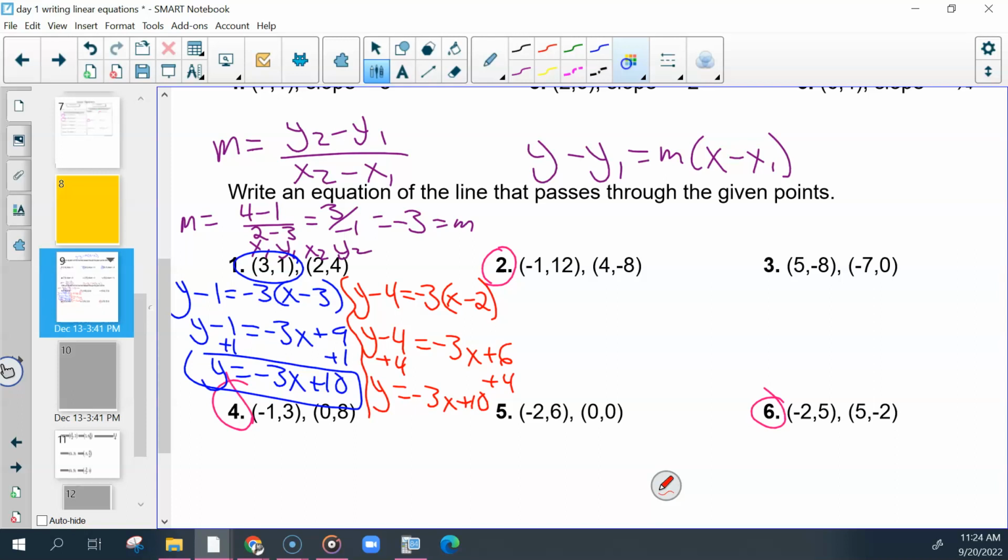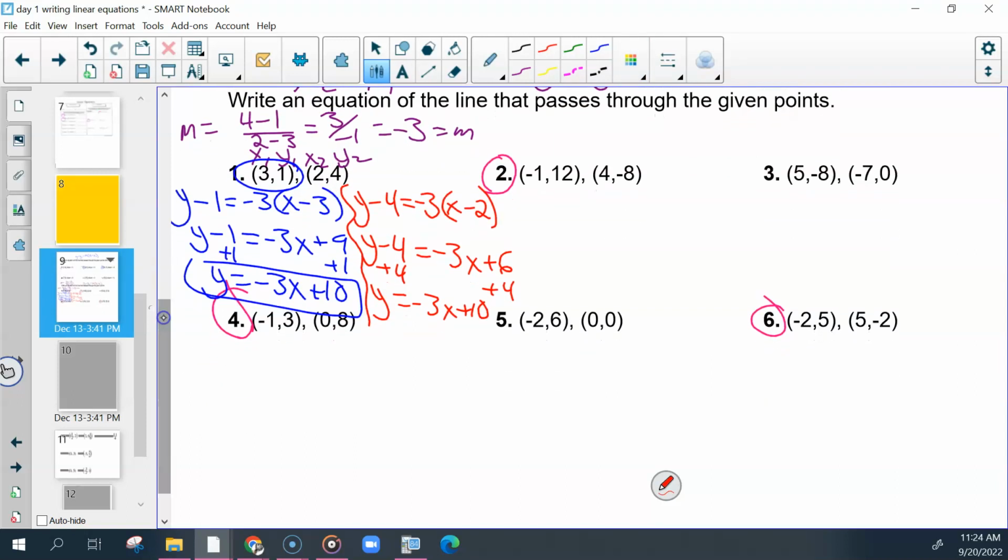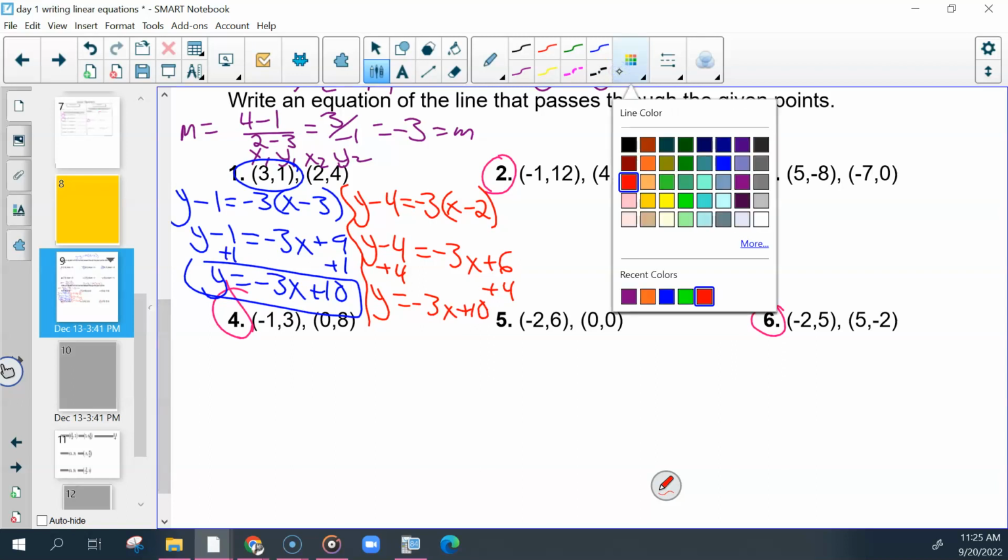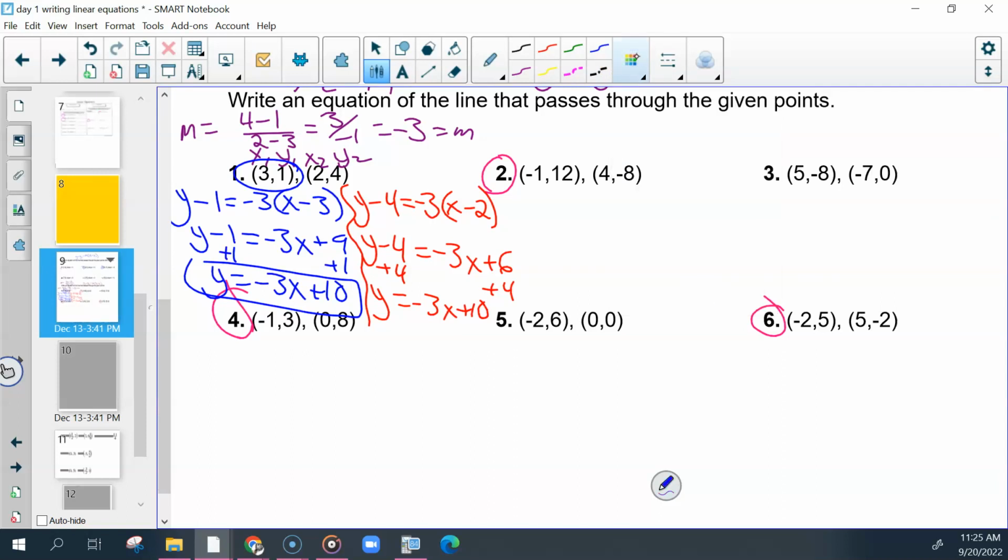Okay, we're going to do a couple more. We're going to do 4 and then 3, backwards. We'll do 3 and 4. So your first step for all of these is always going to be the same: find your slope.